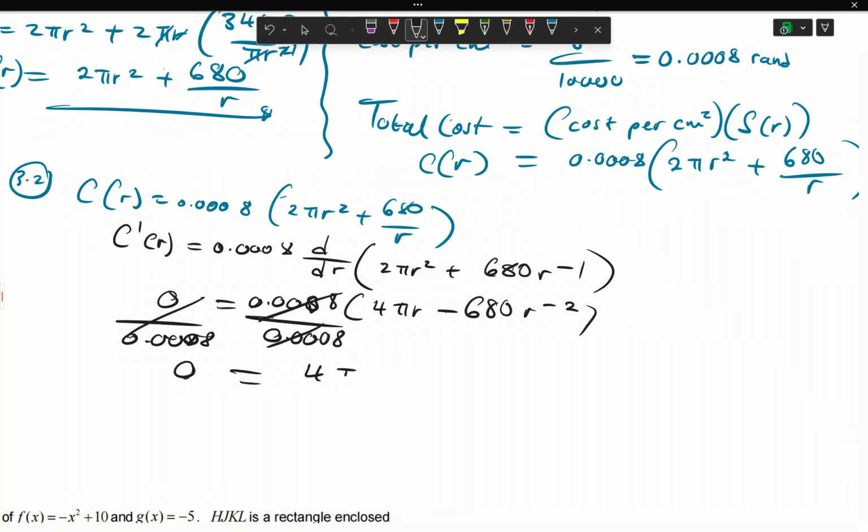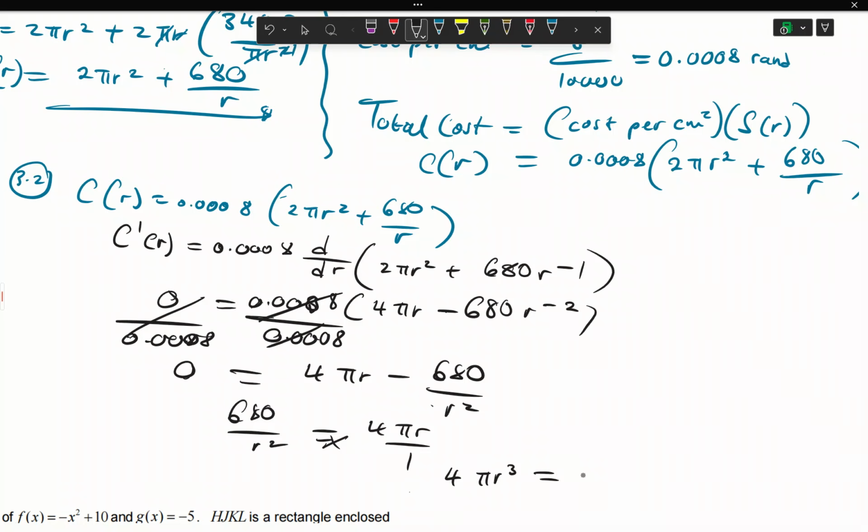You'll have 4 pi r minus 680 over r squared. Take this to your left, you'll have 680 over r squared equal to 4 pi r, cross multiplication there. You'll have 4 pi r cubed equal to 680.